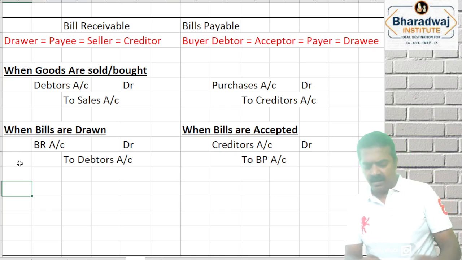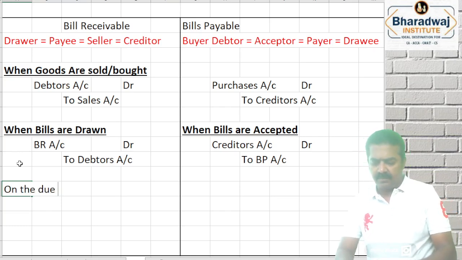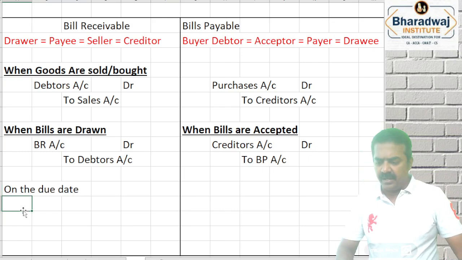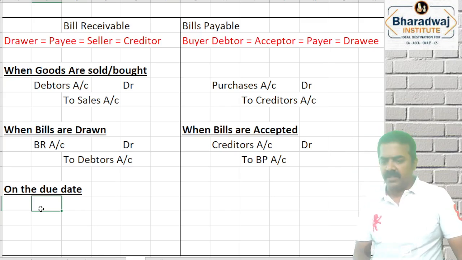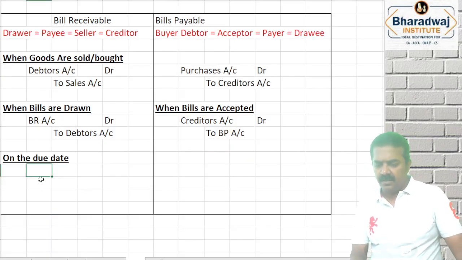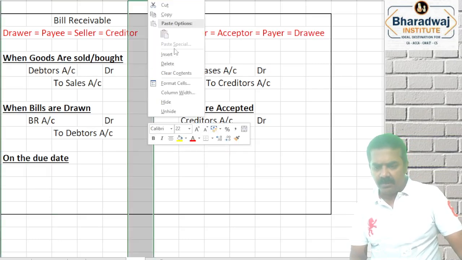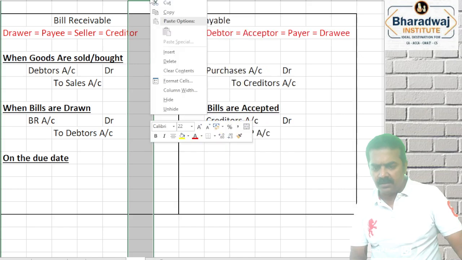Then, on the due date, there are two possibilities. What are the two possibilities? The bill may be honored or the bill may be what? Dishonored. What do you mean by bill honored?